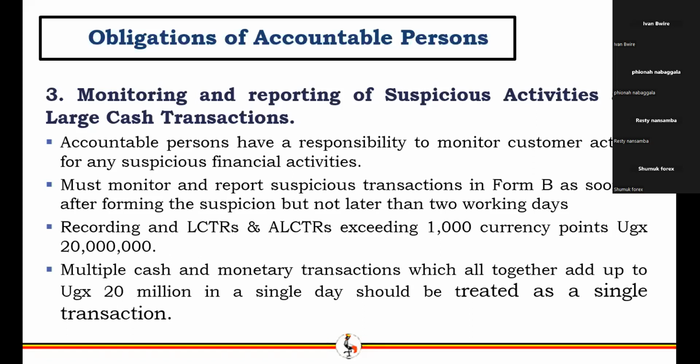Because if you know your client very well and you have profiled your client to be transacting within the range of A to B, then any transaction that goes beyond B, you'd be in a position to detect that this is out of range, this is unusual. So that is what we mean by suspicion, you forming suspicion, and that transaction is supposed to be reported.